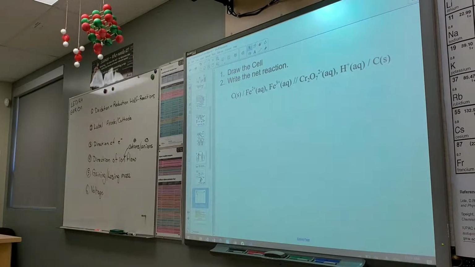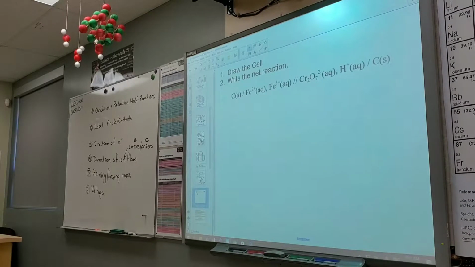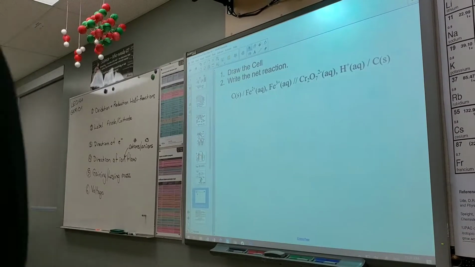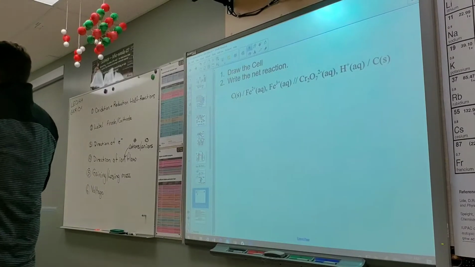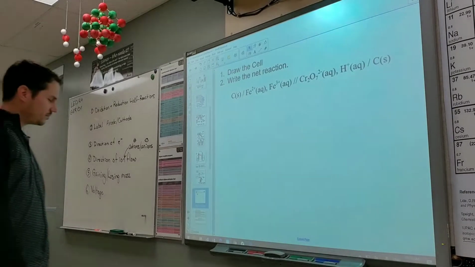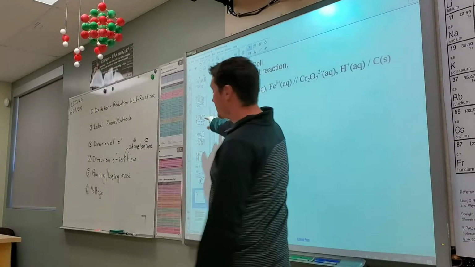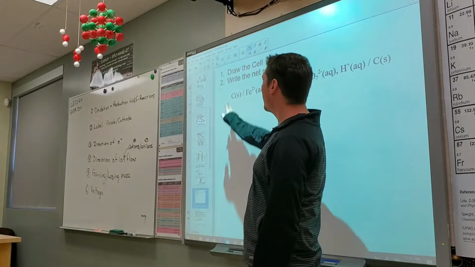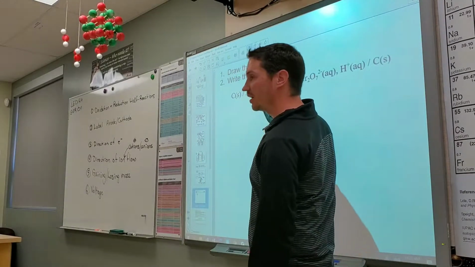This is like the one thing I understand. Okay. Good. I'm cautiously optimistic. What is going to happen? Just electrons? On one side you have carbon in a solution of iron 2 and iron 3.